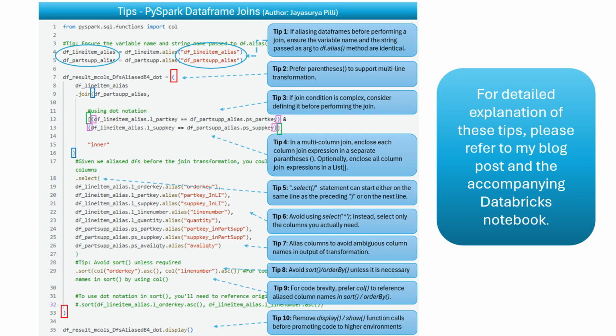Here I have about 10 tips, and most of those tips are focused on the syntax in writing PySpark joins. And for detailed explanation on these tips, you may want to refer to my blog post or the Databricks notebook itself, which I will be sharing in the GitHub.